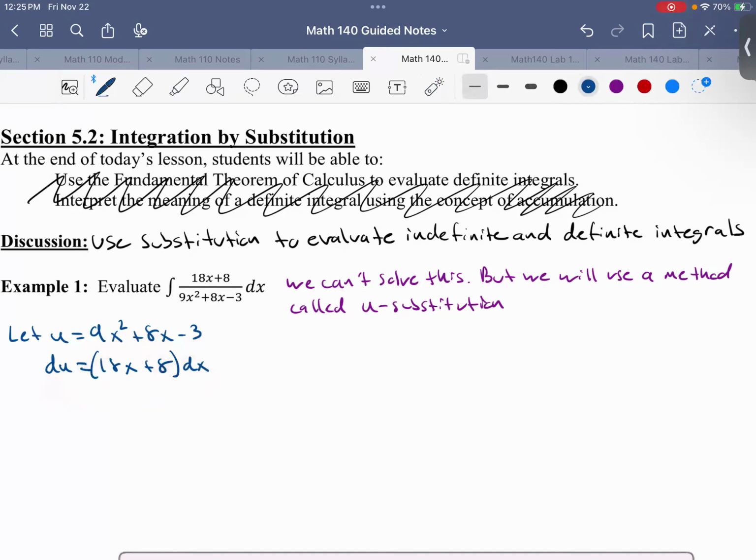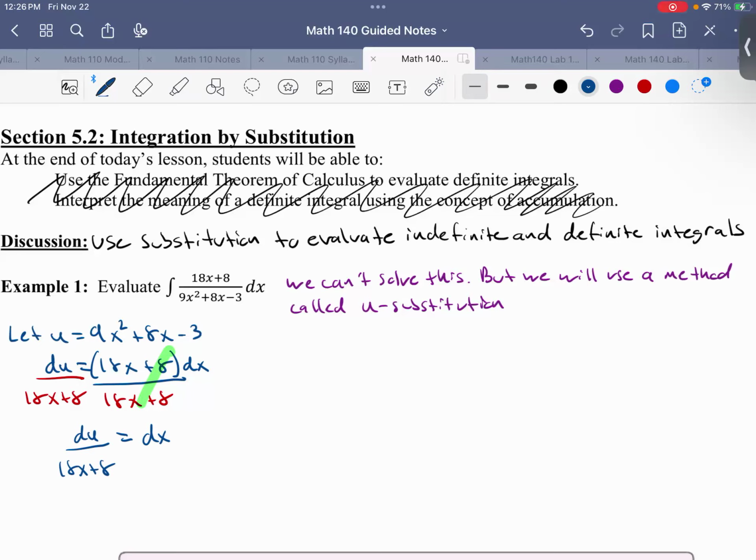So I'm going to divide by 18x plus 8. And so the 18x plus 8 cancels out. And what I'm left with is dx equals du over 18x plus 8.